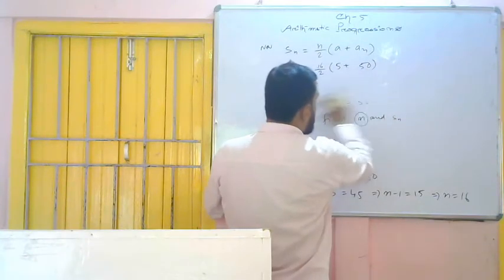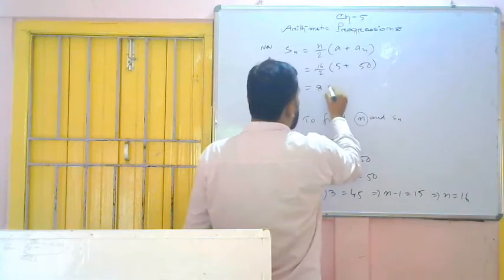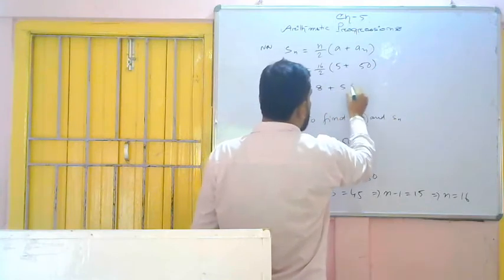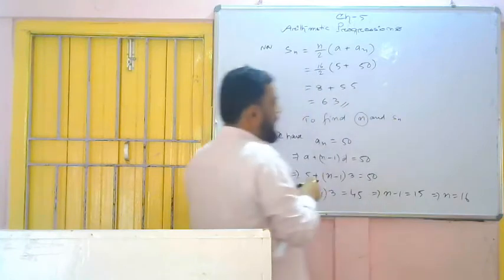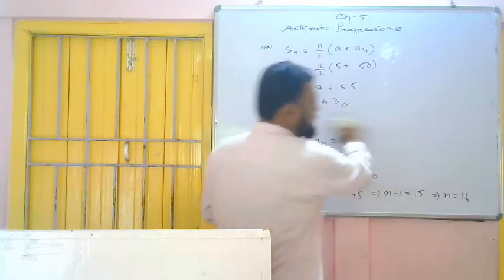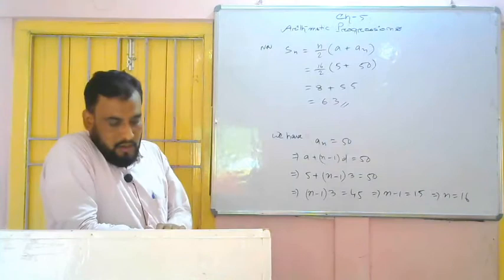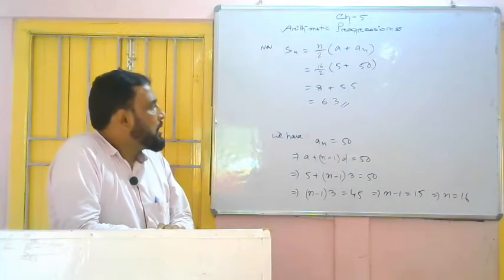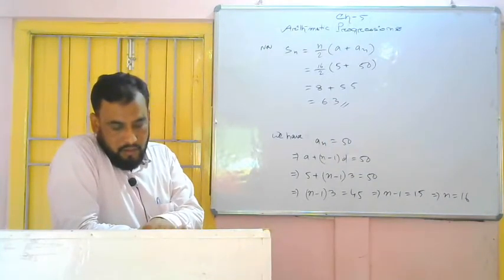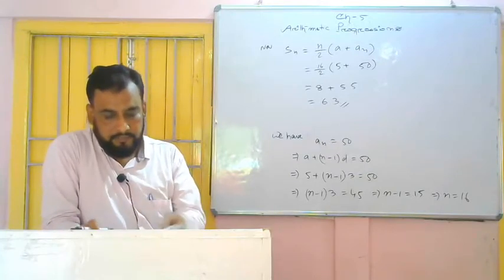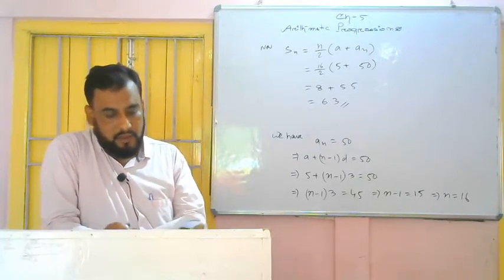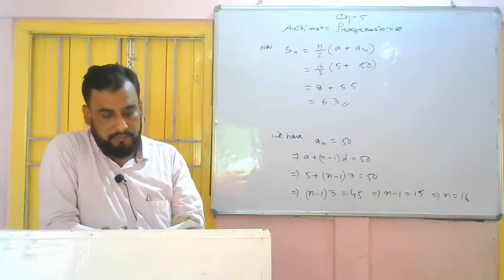So 8 into 55 is equal to 440. This is your answer. So we found out n and Sn. Next, question number part 2.